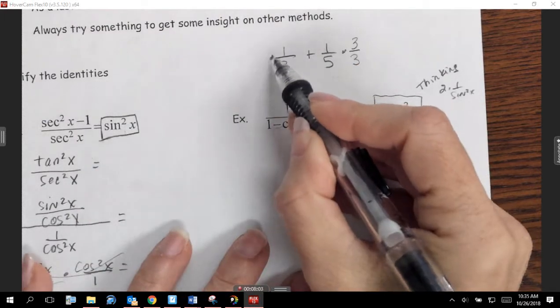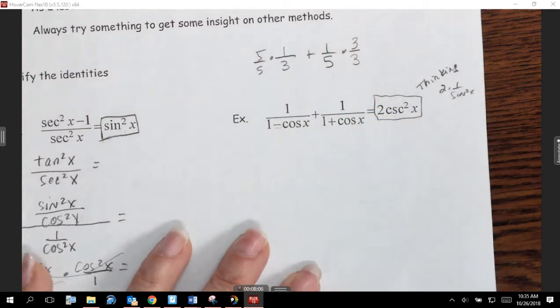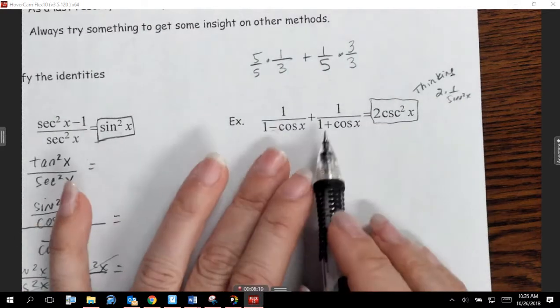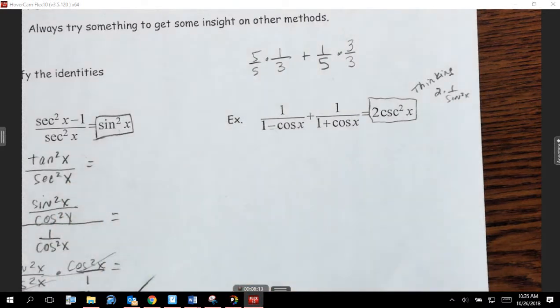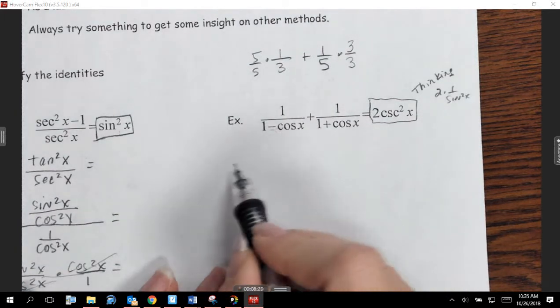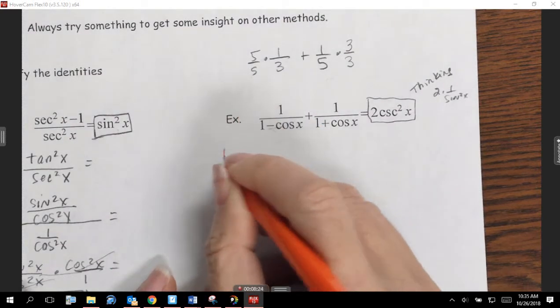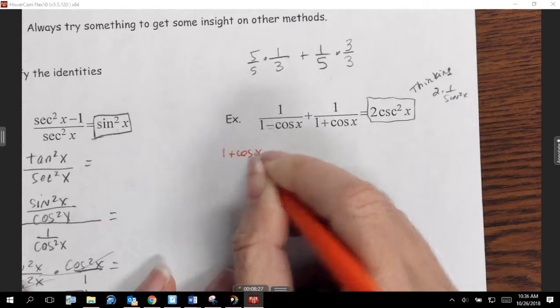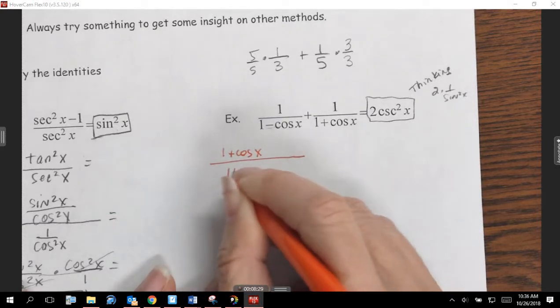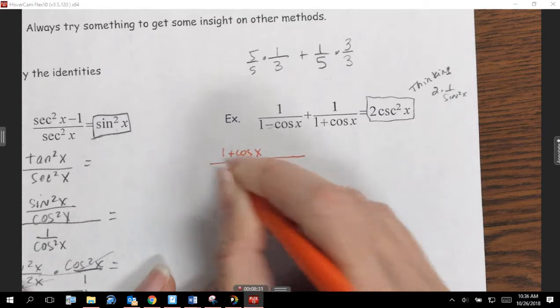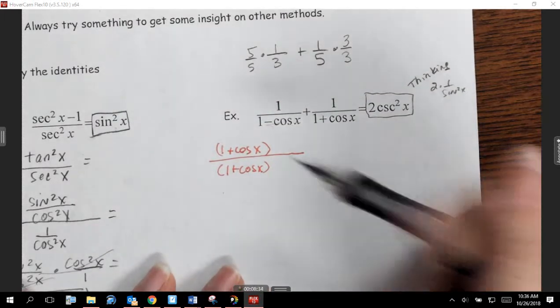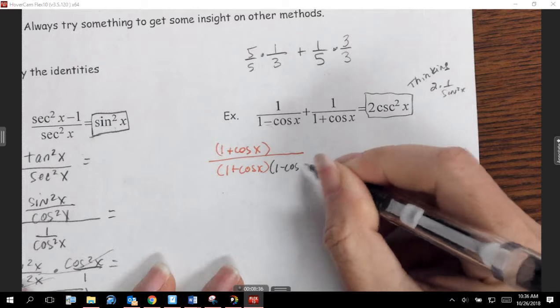So over here, I'm multiplying by 5 over 5. You have to multiply by the same thing on top and bottom. That's how you find common denominators. So we're going to do that with this one, only it's going to look a little bit more complicated. I have to multiply by each other. I'm going to multiply this one by 1 plus cosine x over 1 plus cosine x, and then we have a 1 minus cosine x on the bottom still.